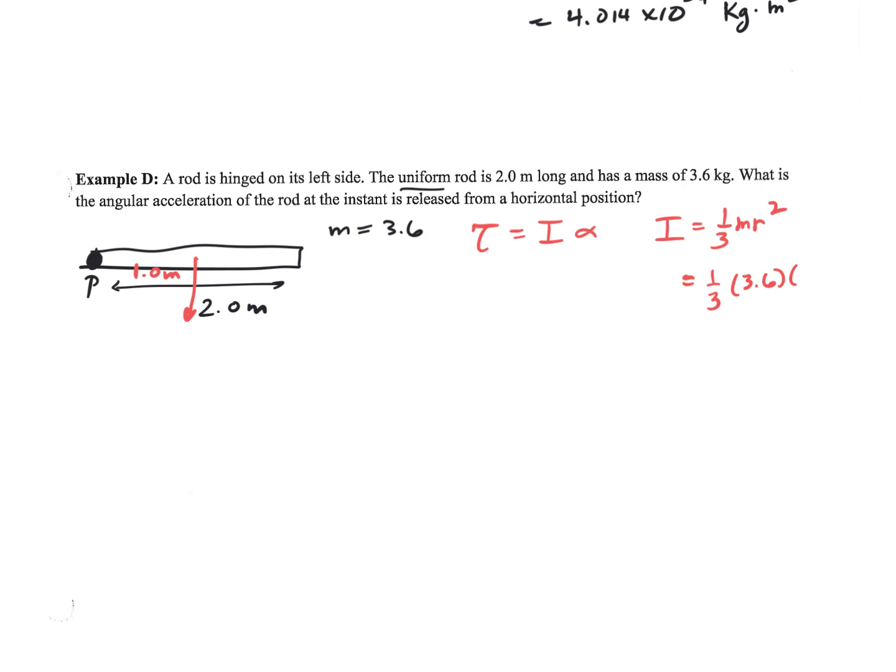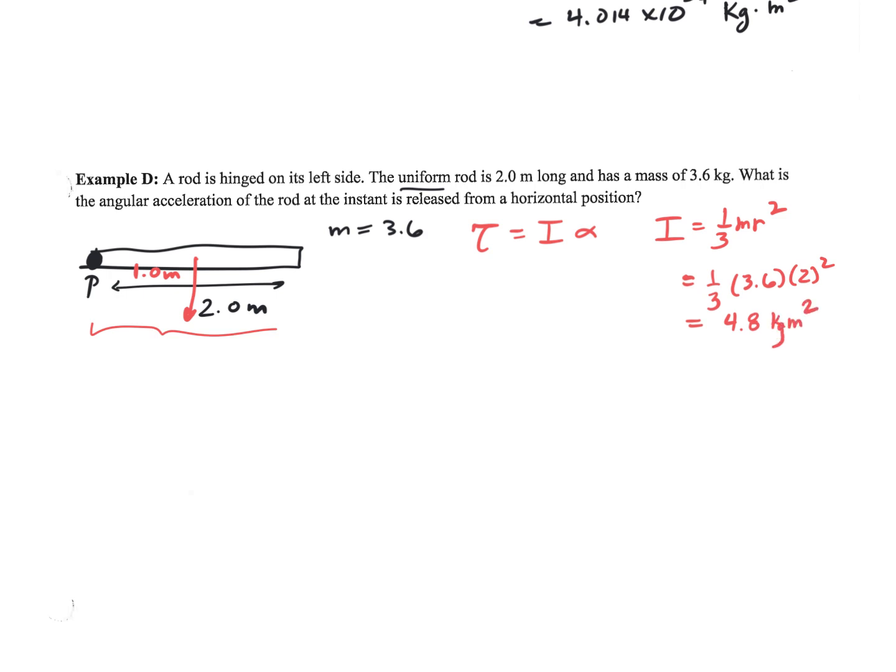It's 2 because it's the length of the rod. So 1/3 times 3.6 times 2 squared. We got 4.8. So our inertia is 4.8 kilogram meter squared.